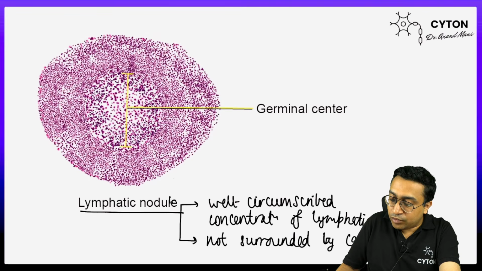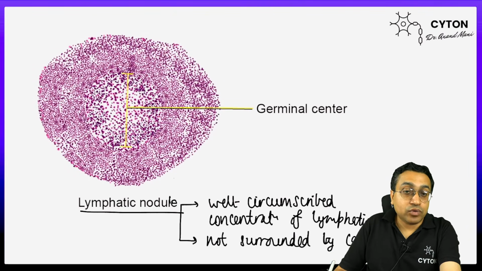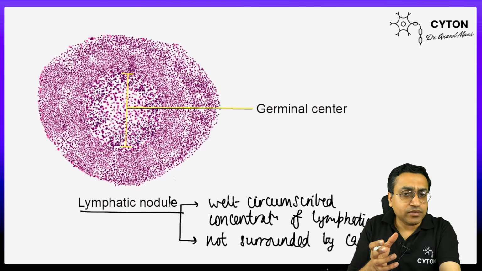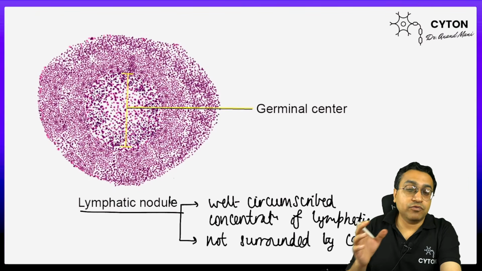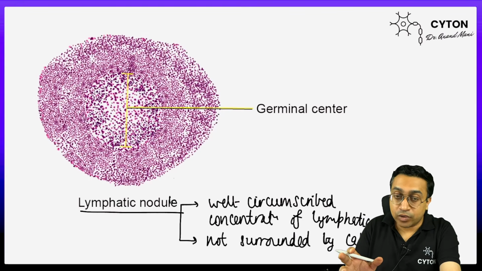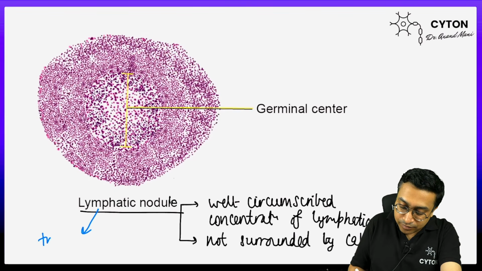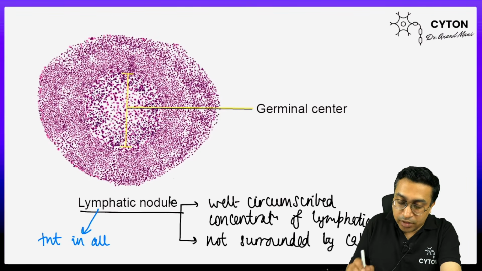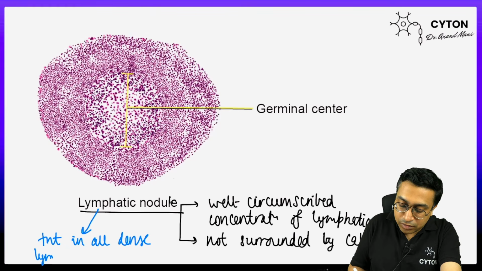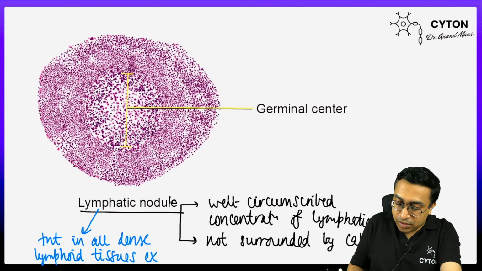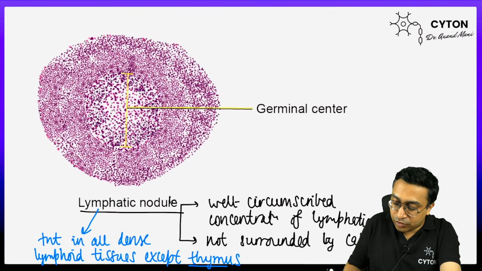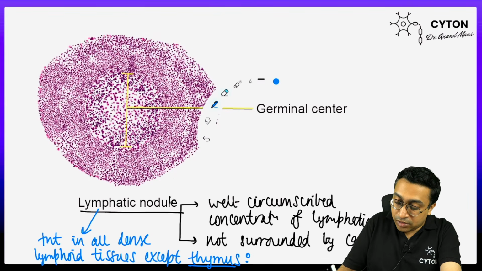So I can say it's a spherical or ovoid mass, and it is present in all the dense lymphoid tissues, which we just listed previously, except thymus. You will see the slide of thymus, you will not find these. Okay, so very important classical MCQ.